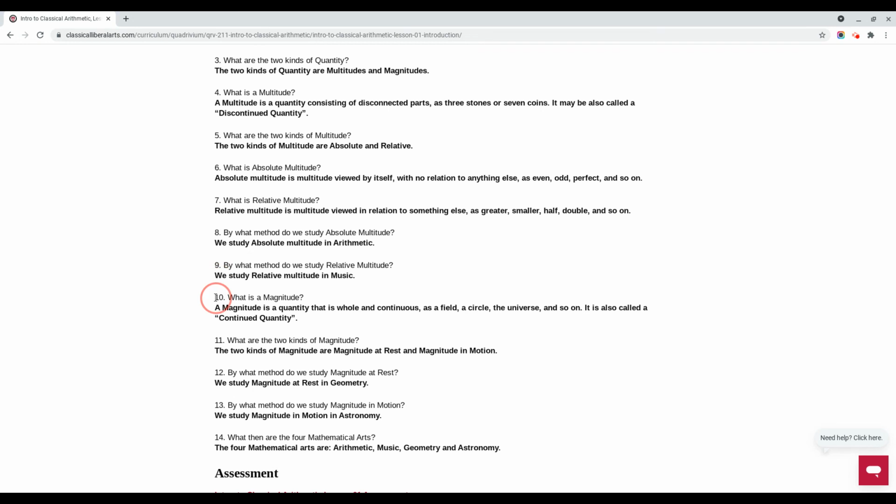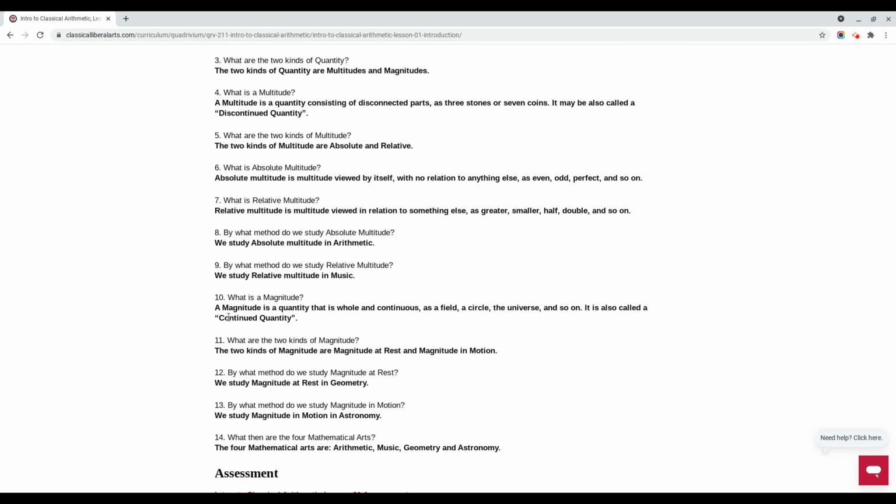What is a magnitude? A magnitude is a quantity that is whole and continuous, such as a field, a circle, the universe, and so on. It is also called a continued quantity.